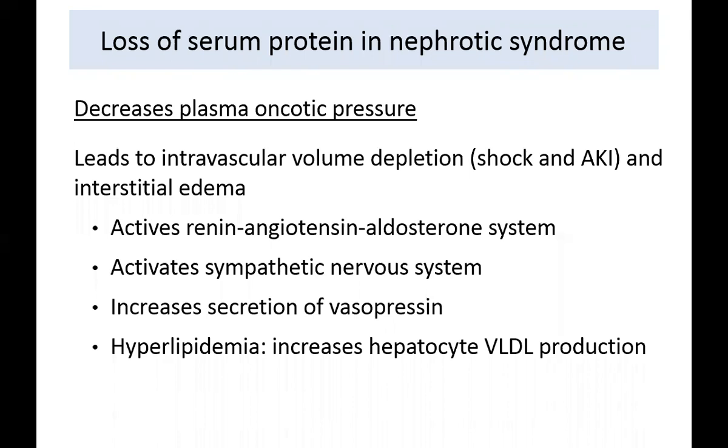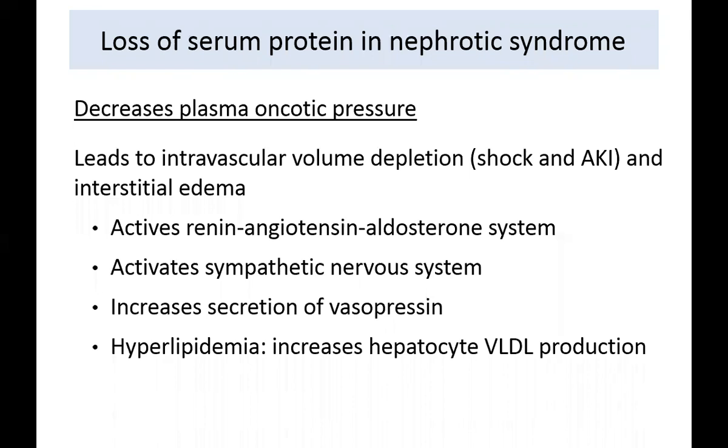This can lead to shock, and if you get shock, then you can get hypoperfusion of the kidney, and that can lead into acute kidney injury. So you just amplify the problems that you get in the kidney. And because you're losing the fluid out of the vascular compartment, it's going into the interstitium, so you get interstitial edema.